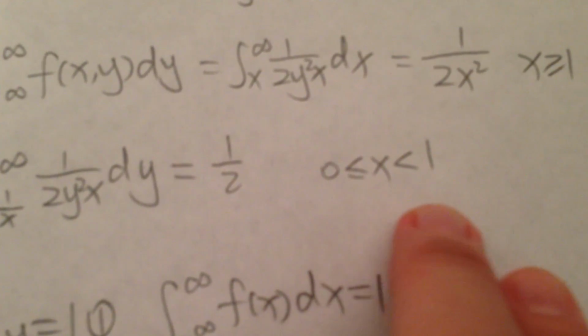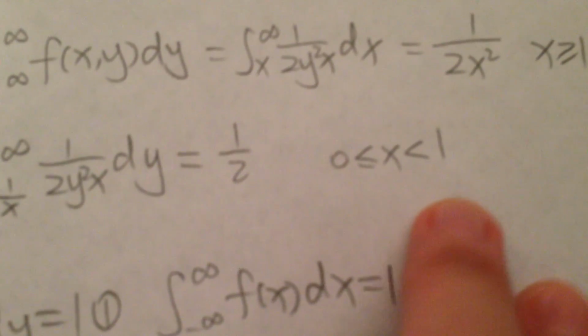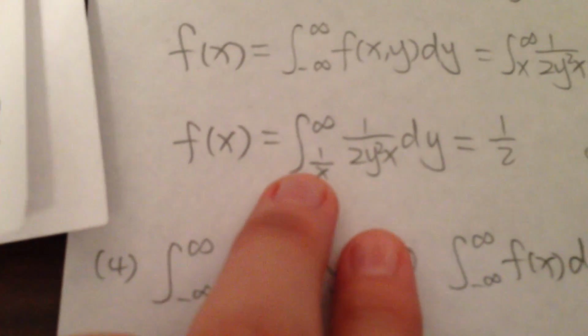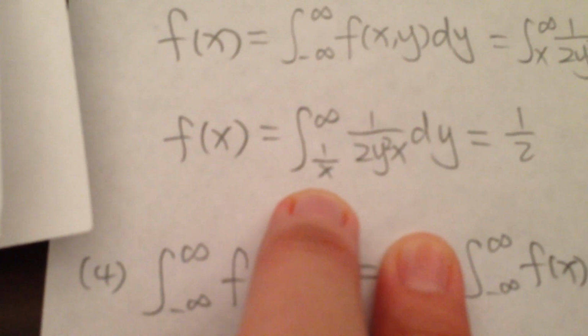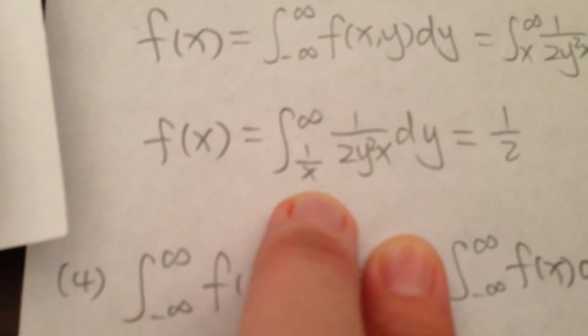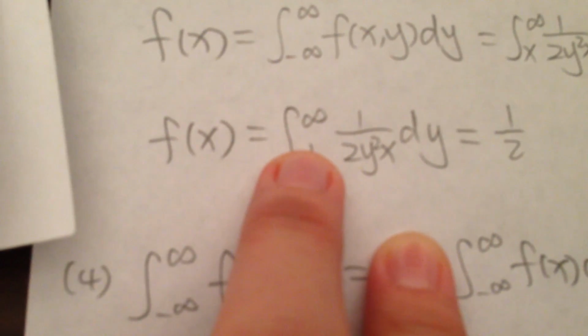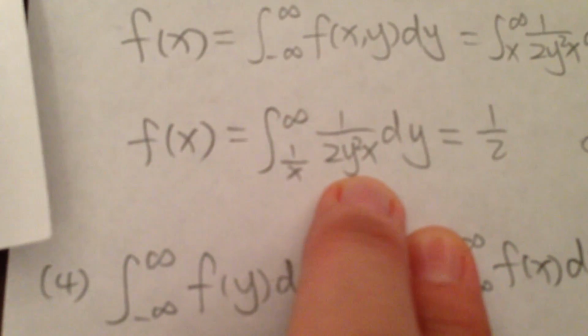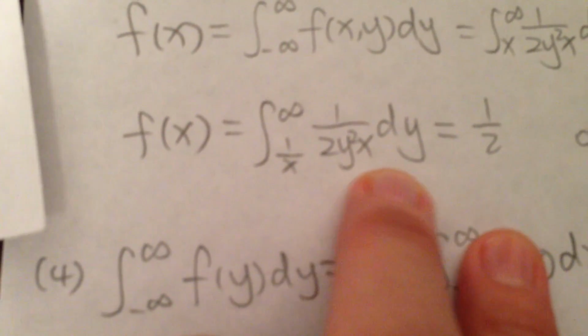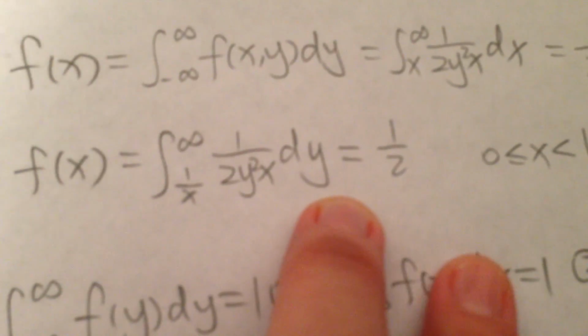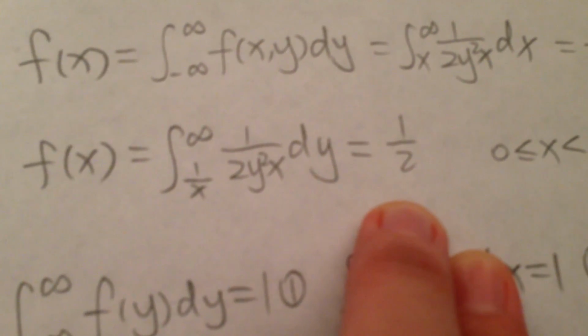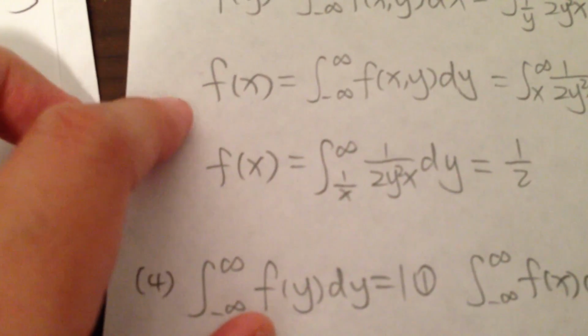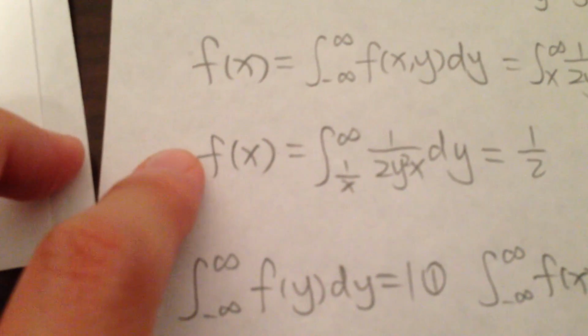And when x is ranging from 0 to 1, we have the marginal function of x equals the integral from 1 over x to infinity of 1 divided by 2 times y squared times x dy, and this equals 1 over 2. So far we get both marginal functions of x and y.